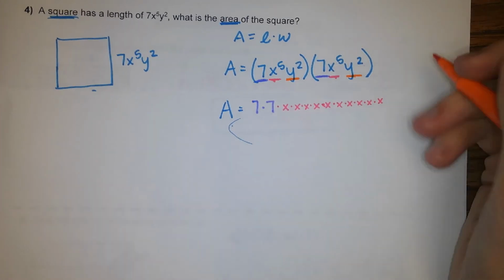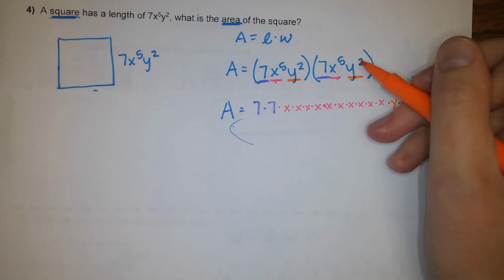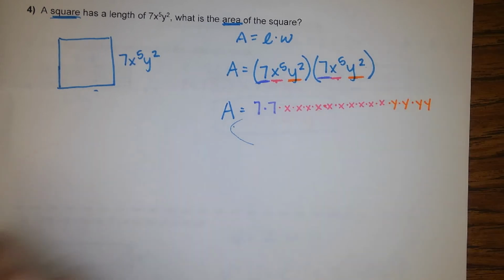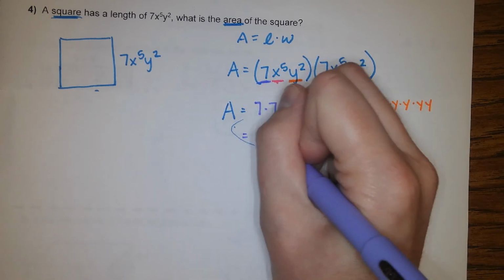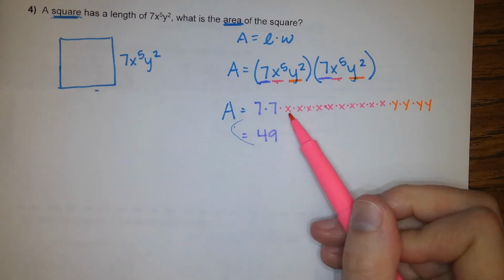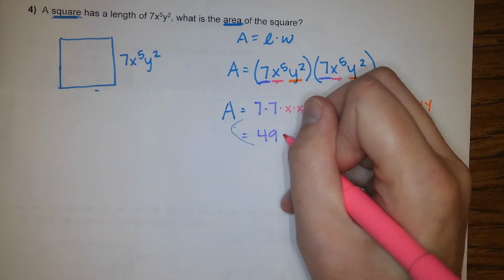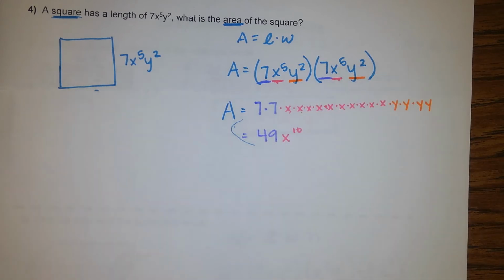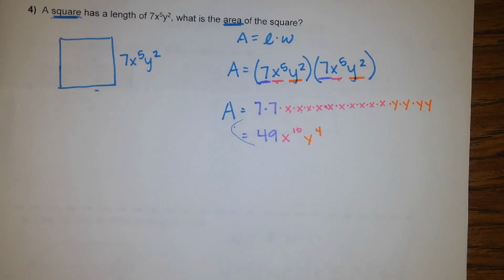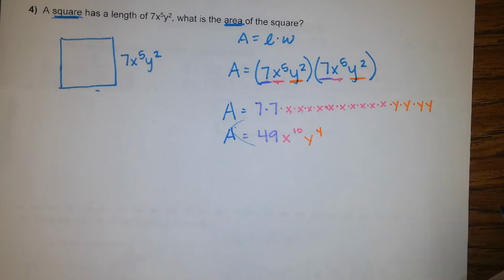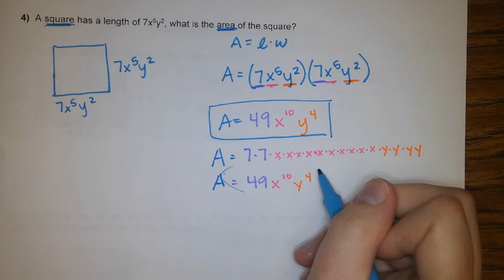And then we're going to do our y's, which would be y times y, and again, y times y. And when we simplify that, 7 times 7 is 49. And we have 1, 2, 3, 4, 5, 6, 7, 8, 9, 10 x's, so that would be x to the 10th power. And we have 4 y's, so that would be y to the 4th. So either way you do this problem, you will get x to the 10th, y to the 4th. All right, that's for number 4.